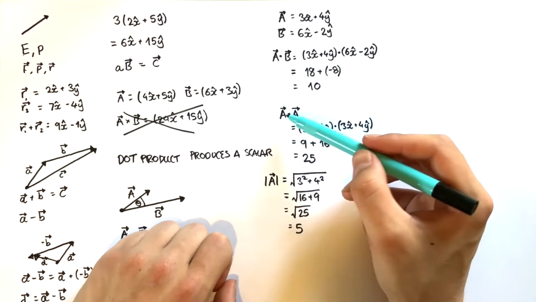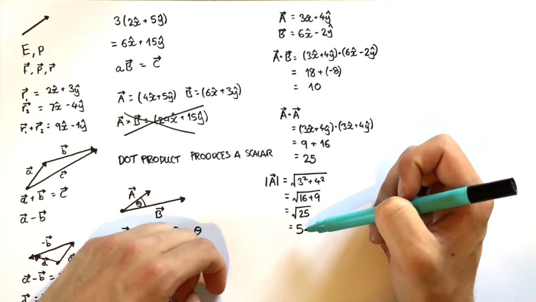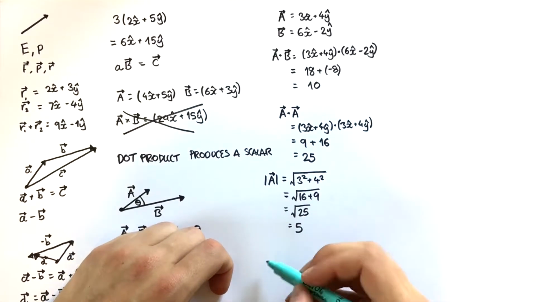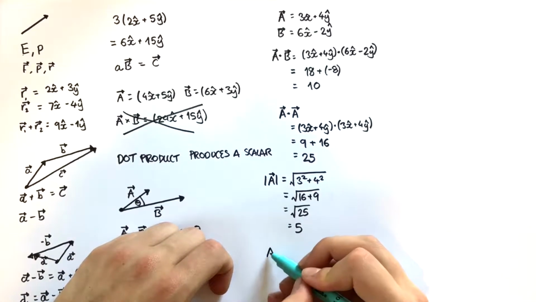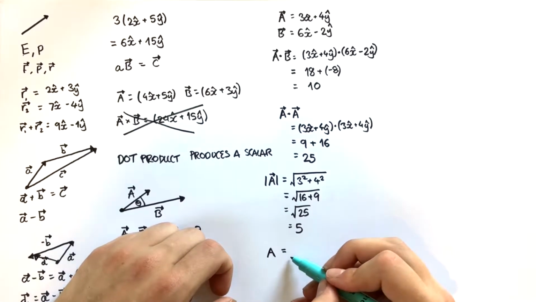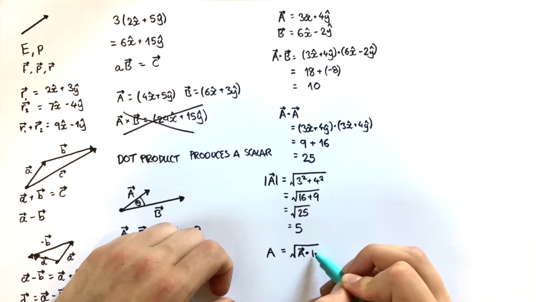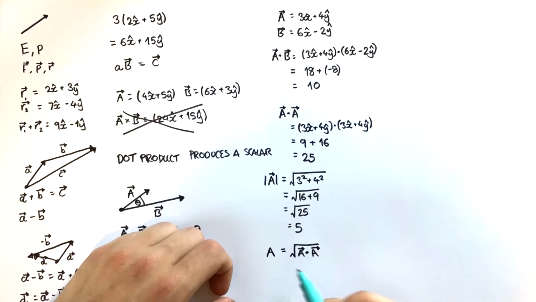So we can see that the dot product of a vector with itself is just its magnitude squared. So more formally we can say that A, the magnitude of the vector, is simply the square root of the dot product of the vector with itself.